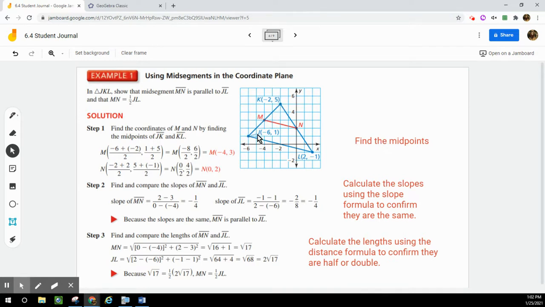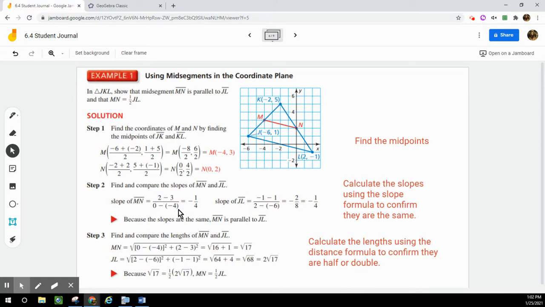The midpoint of -6, 1 and -2, 5 is -4, 3. And the midpoint of -2, 5 and 2, -1 is 0, 2. The second step is to calculate the slopes using the slope formula to confirm that they are the same. We know that parallel lines have the same slope.